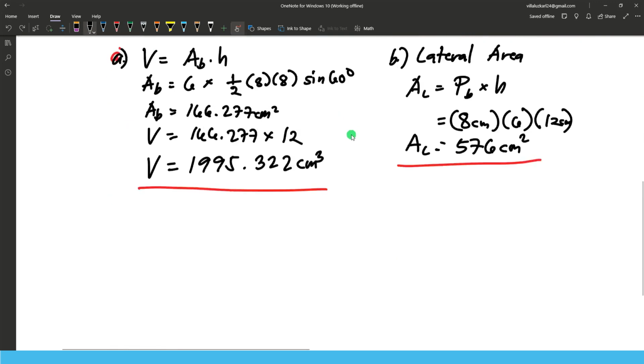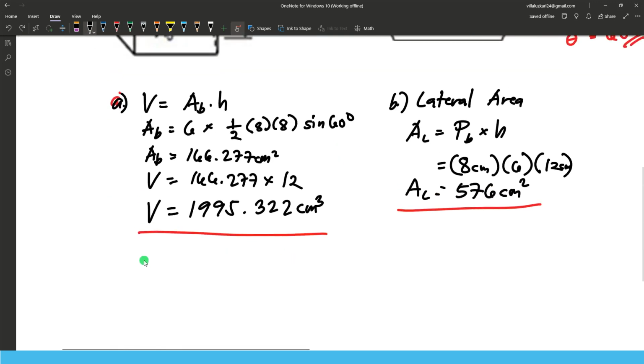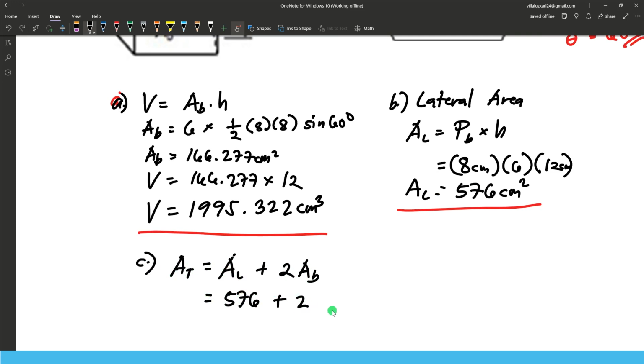Thirdly, what is the total surface area? The total area is equal to the lateral area plus twice the area of the base. So 576 plus 2 times 166.277.